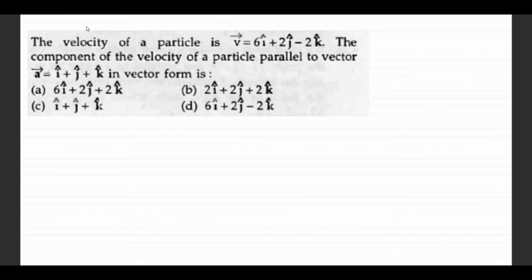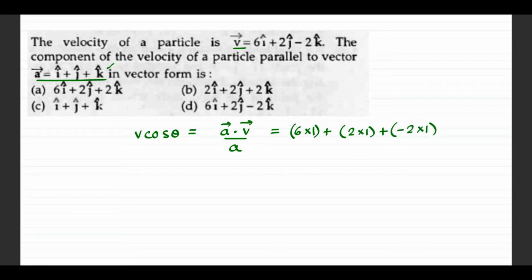In this question then, we are trying to get the velocity of the particle parallel to this vector. So basically we are looking for component of velocity along this vector. So can I say I am looking for v cos theta. So I'm looking for this. If I do dot product, I cap gets multiplied with I cap. So 6 into 1 plus 2 into 1 plus minus 2 into 1 divided by modulus of A. If you look at A vector, its modulus then will be root 3.